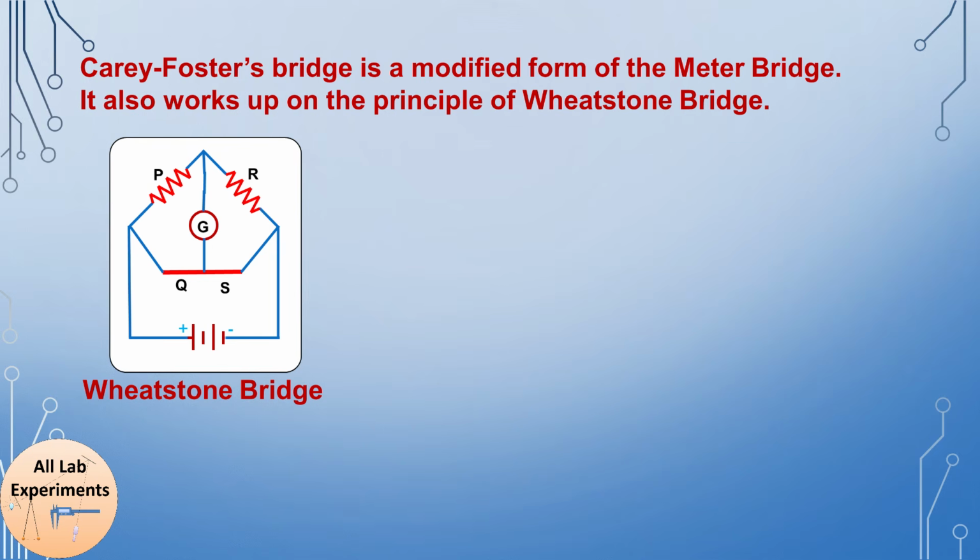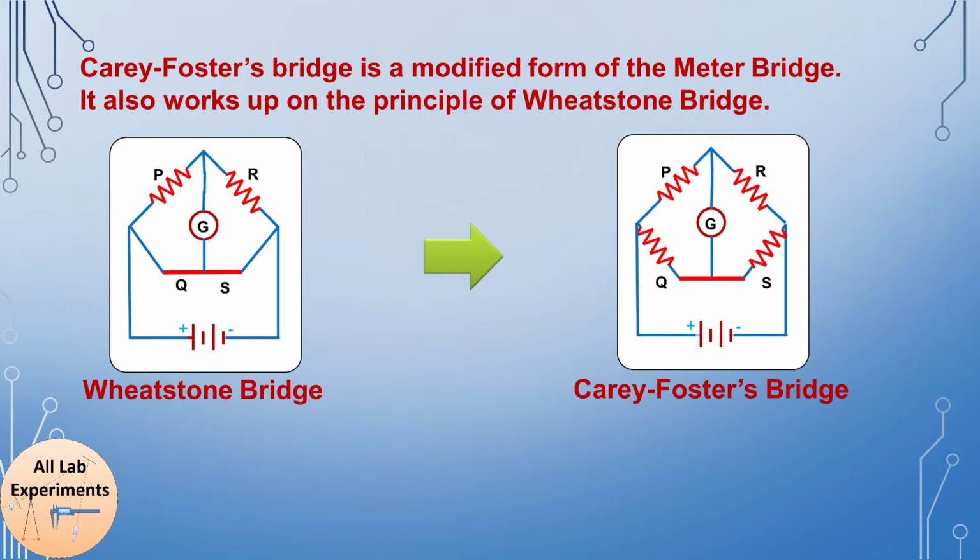I have shown this using a red line, which is a resistive wire in this case. In Carey-Foster bridge, we have just added two additional resistances towards the right and left of this resistive wire. Now let us move to this experiment.